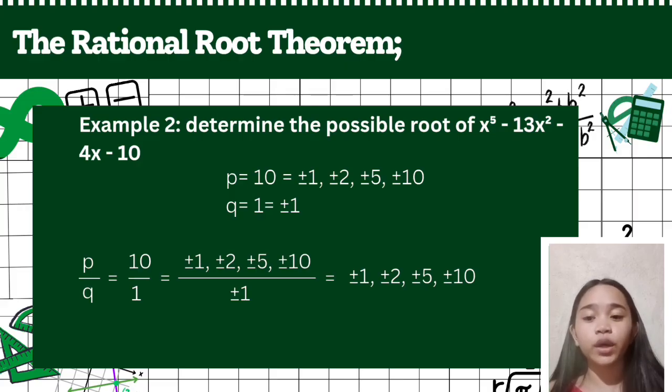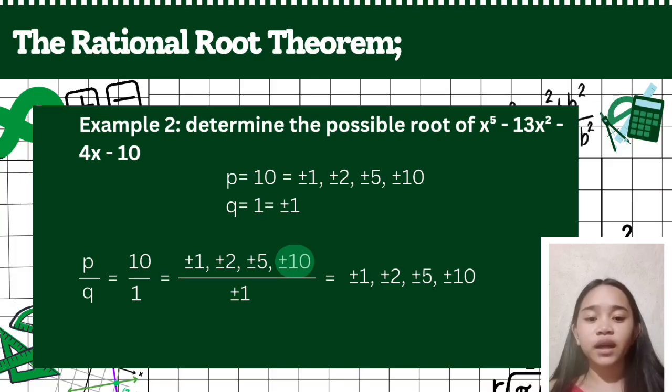All we have to do is divide p by q. So, positive negative 1 divided by positive negative 1 equals positive negative 1. Positive negative 2 divided by positive negative 1 equals positive negative 2. Next, positive negative 5 divided by positive negative 1 equals positive negative 5.